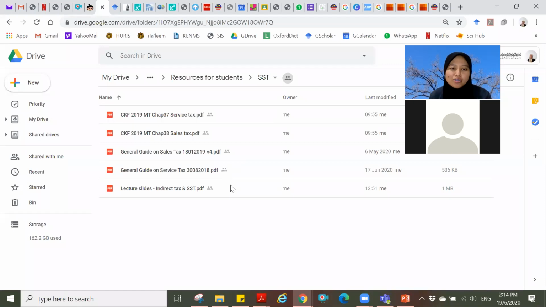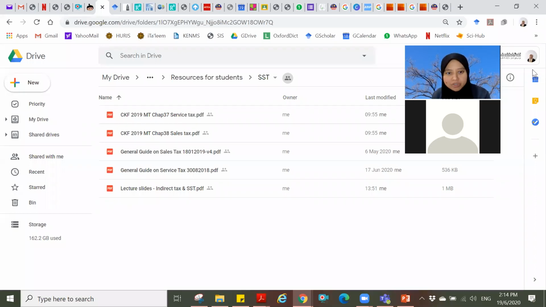So I guess they also cannot keep themselves updated with the general guide. Okay, most of the basic things are still there, but a few changes have not been incorporated in there. And also the other two are from the textbook, the scanned textbook. Okay, so textbook is as at 1st February 2019. Okay, also not so updated, but a bit more updated compared to general guide.